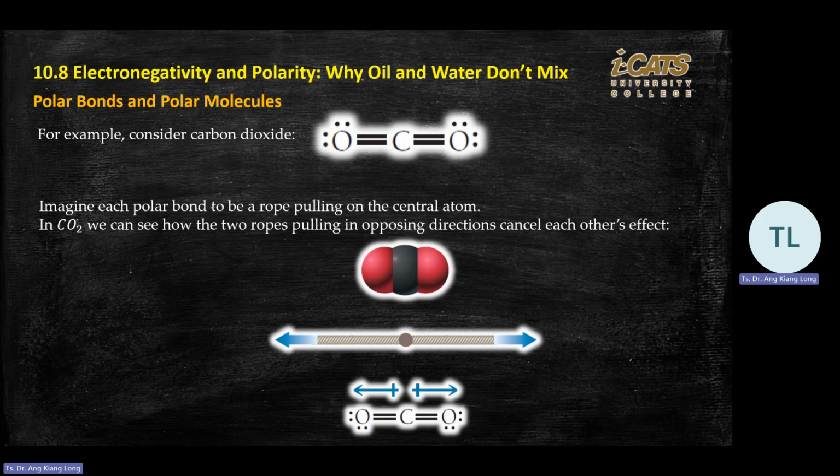For example, CO2, you know how to develop the Lewis model already. If it's balanced, it is linear, and you write it as non-polar. You write a blue arrow pointing to the left and a blue arrow pointing to the right. These two must be the same length, like vectors, so they are balanced.